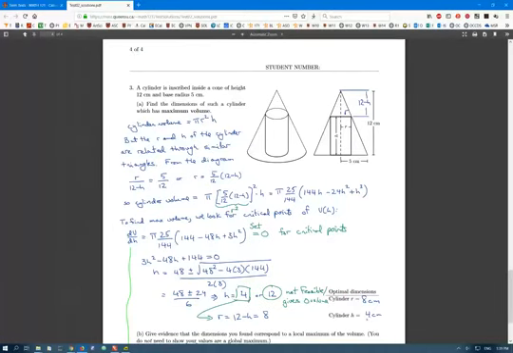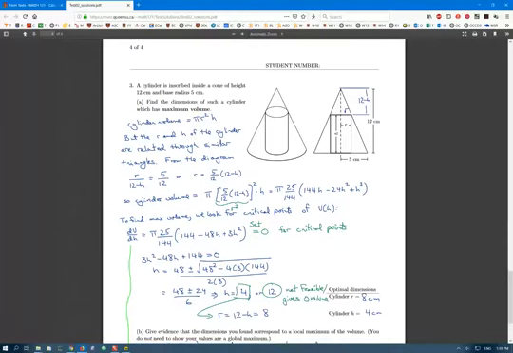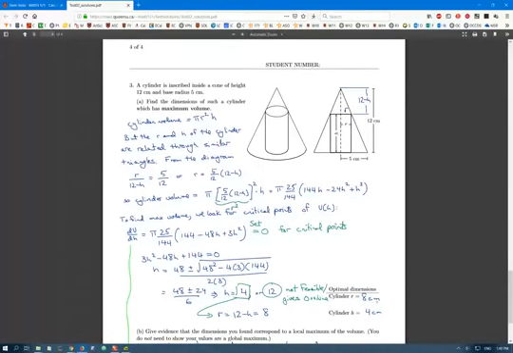H equals 4 makes sense, but I think we might have messed up this part of the calculation. Just as a first glance, that is insane. That number is not physically possible.